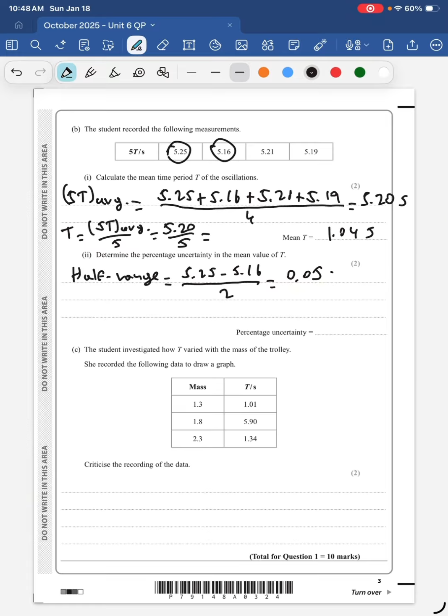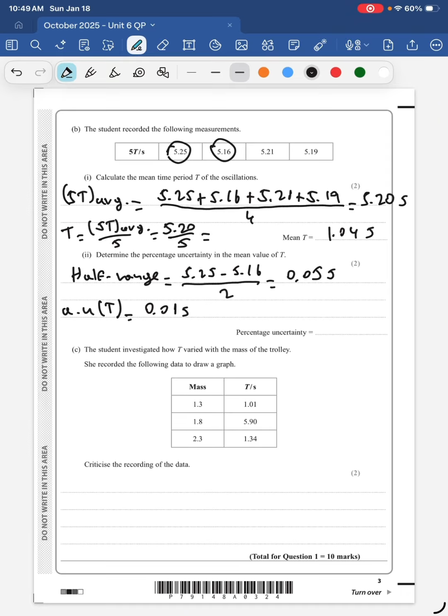Let's call it 0.05 seconds, which means that the absolute uncertainty in t, you have to divide that by 5, right? Because that's the half range, that's the absolute uncertainty in the 5t. So we divide that by 5, and we find just 0.01 seconds.